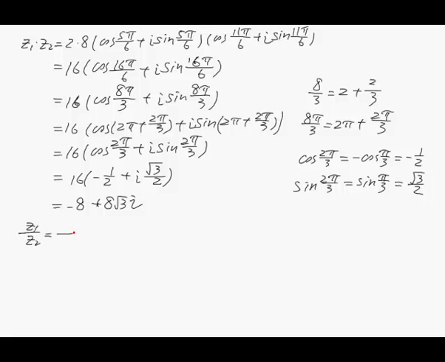So we have the 2 over 8 and times cosine of the difference of their arguments. So you have the 5 pi over 6 minus the 11 pi over 6. So there is a 5 pi minus 11 pi over 6 and plus I times sine of the 5 pi minus 11 pi over 6.